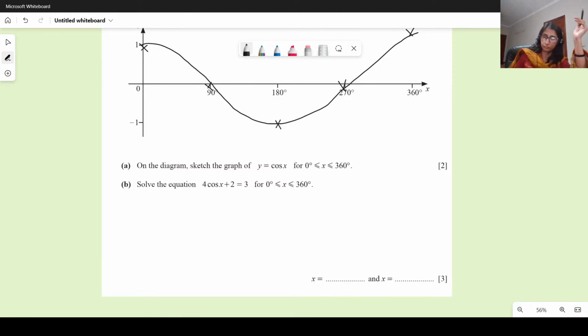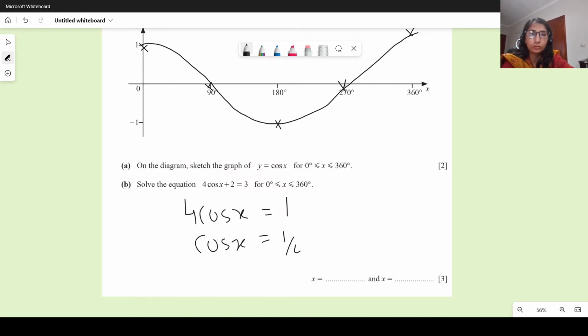So it's 4 cos x equals 1, cos x equals 1 by 4. Now I'll take cos inverse of 1 by 4, which is 75.524. Okay, so cos is positive in the first quadrant.